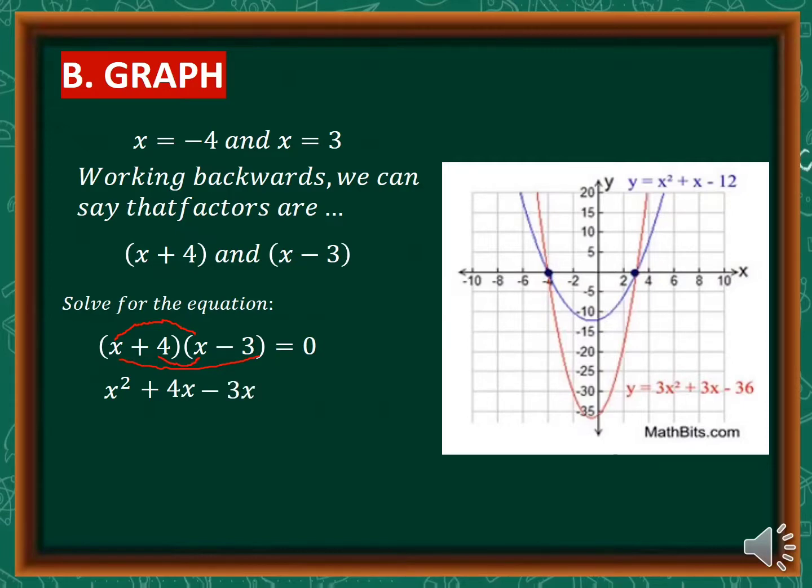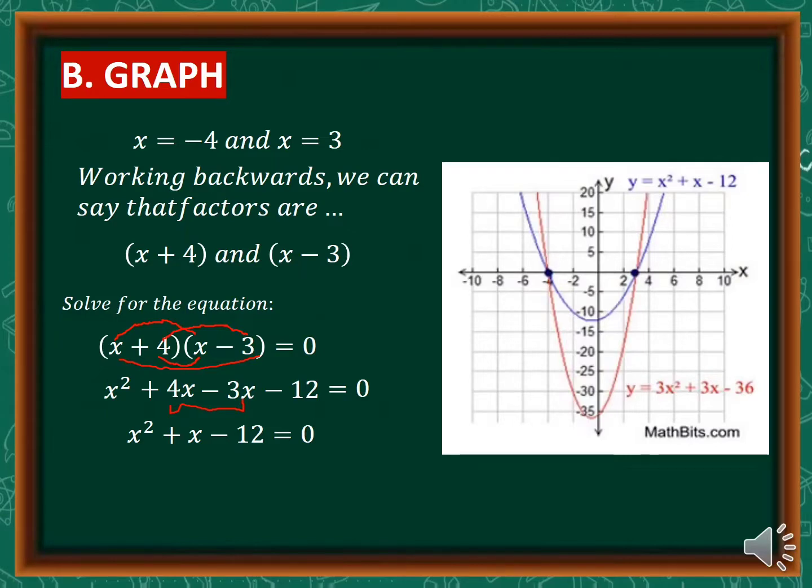And positive 4 times negative 3, we have negative 12 is equal to 0. Now, combining like terms, we have x squared plus, 4x minus 3x, positive x, minus 12, that is equal to 0.